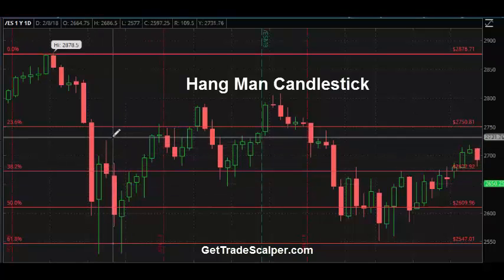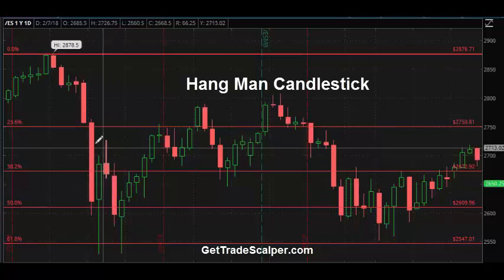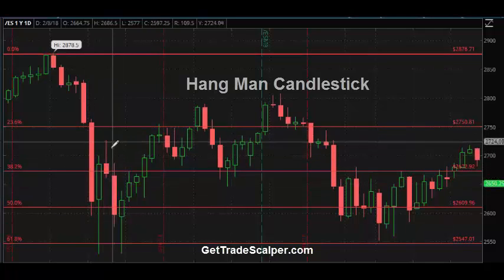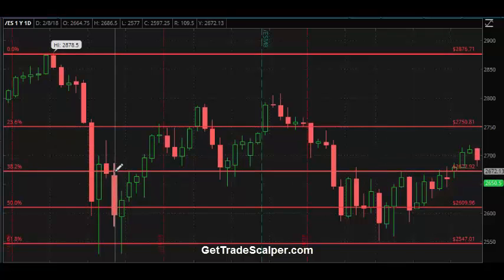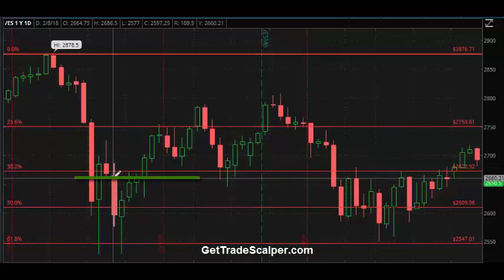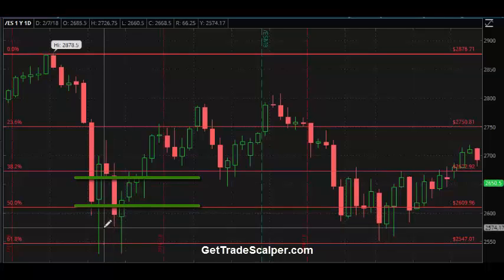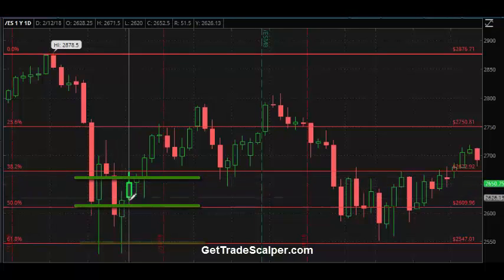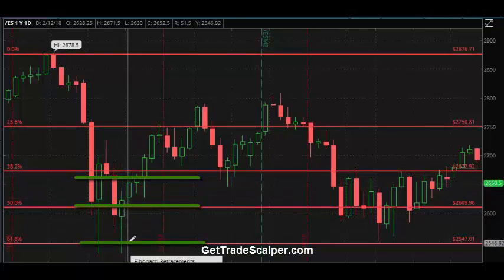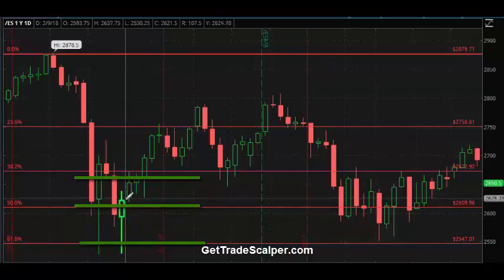It put in a doji, and so you know that that's an indication of a downward continuation. And so that could be an entry point there, exit point there, because of the levels, and even down to here.